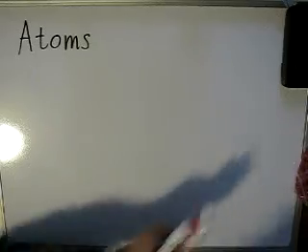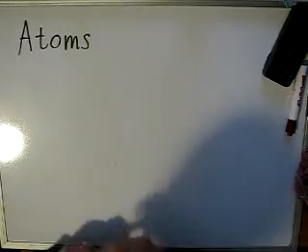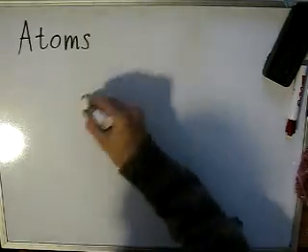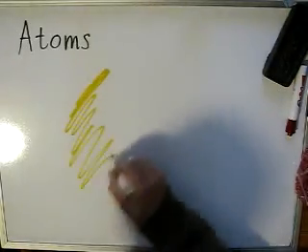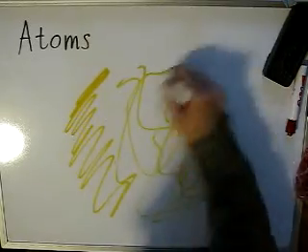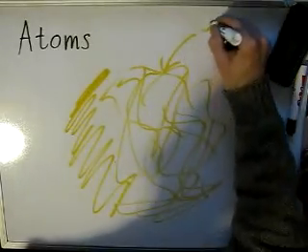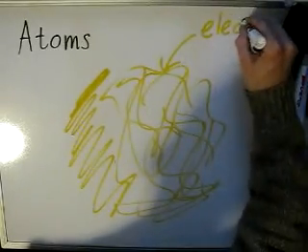One part is sort of a cloud, and most of that fuzzy blob I was showing there, I'm going to color it yellow here, is a kind of cloud, and this is what we call an electron cloud.